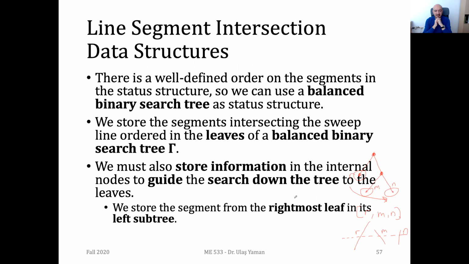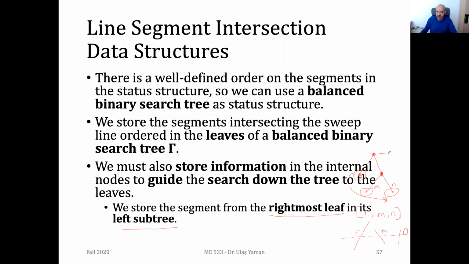This is very simple. We are always storing the segment values into these nodes from the rightmost leaf in its left subtree. It might be complicated at first, but I will show you an example. Right now, we have two internal nodes.